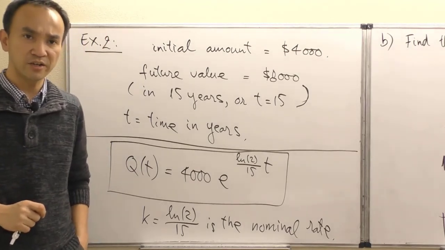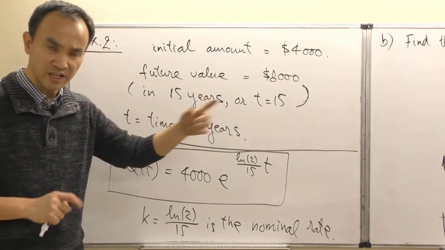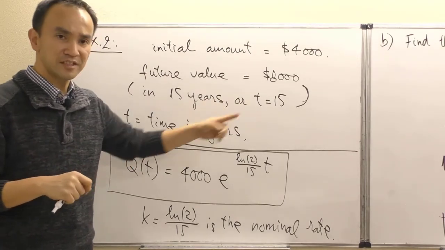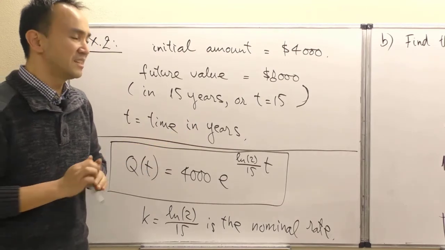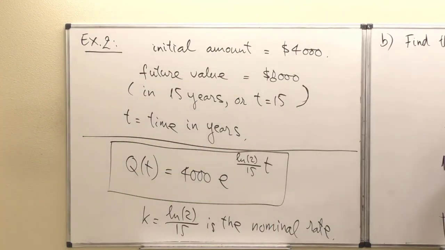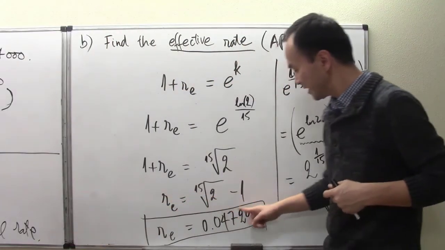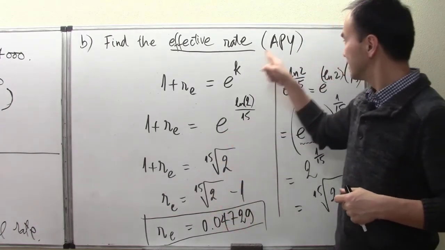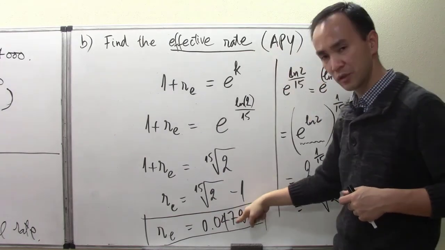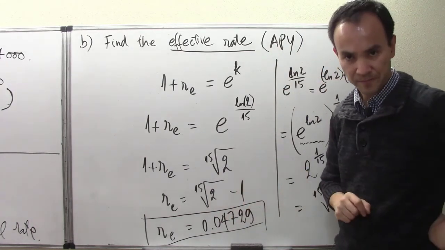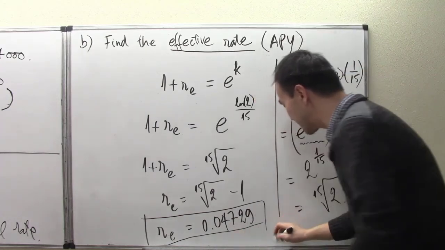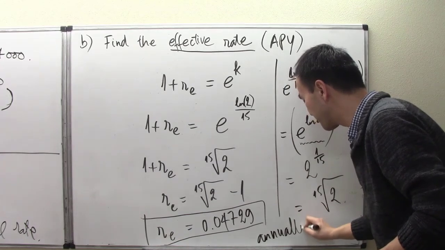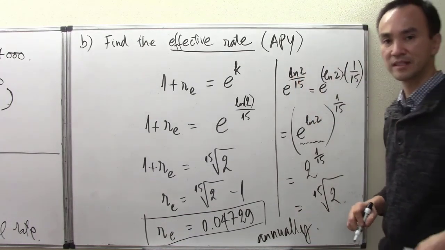So we knew that we were working in default time, the period being in year, so t is in year, and that's why this rate is the rate per year, or the annual percentage yield, also the annual effective rate. So we can make a note of that. This is annually.